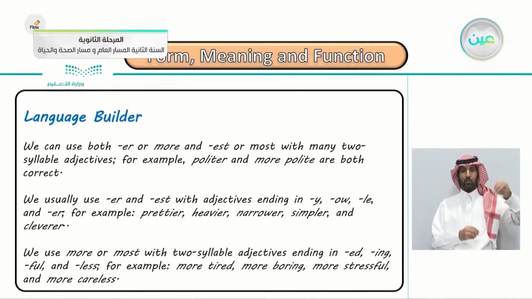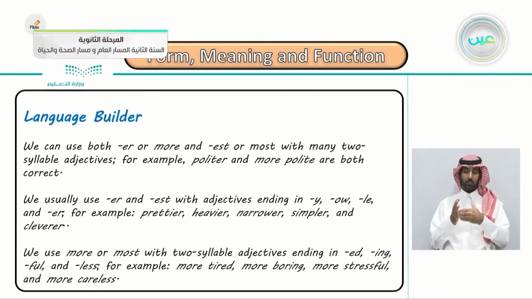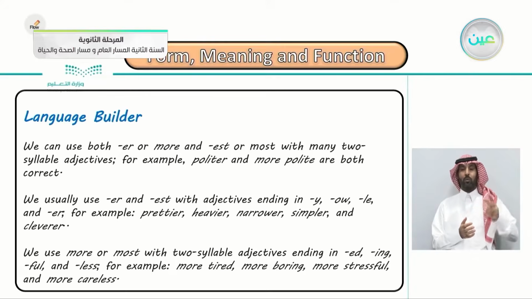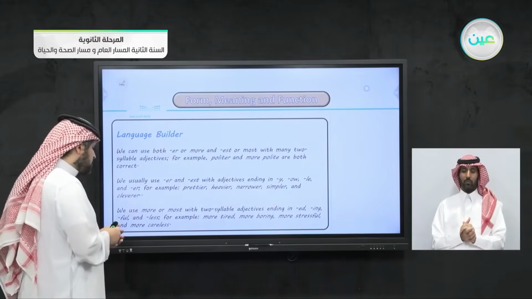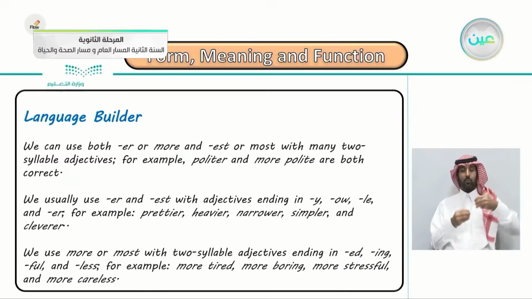We usually use ER and EST with adjectives ending in Y, OW, LE, and ER. For example, the adjective pretty, prettier, heavier, narrower, simpler, and cleverer. The third part, we use more or most with 2-syllable adjectives ending in ED, ING, FUL, and LESS.